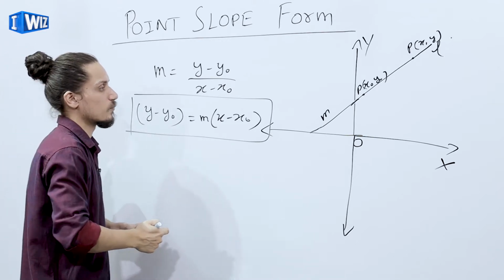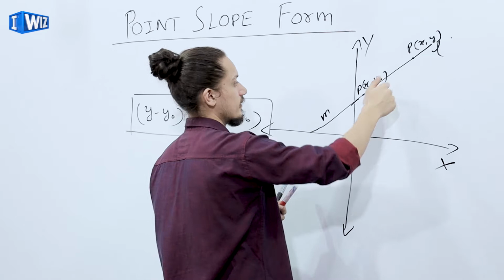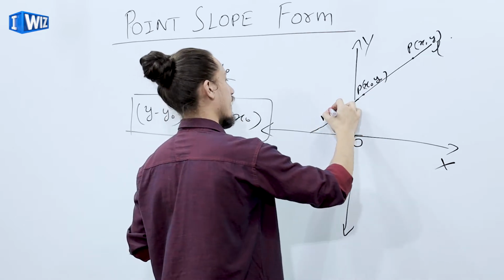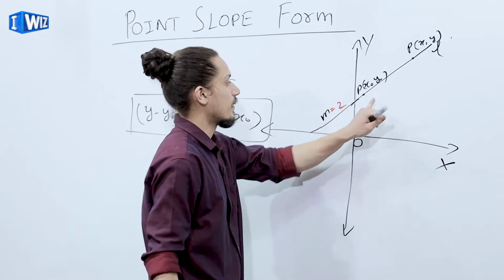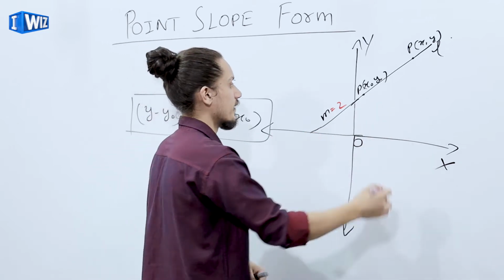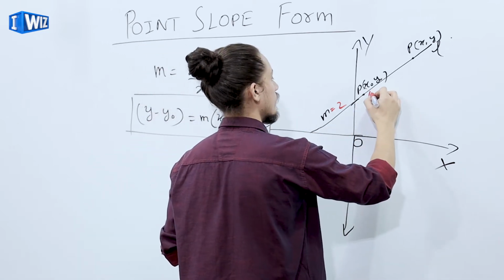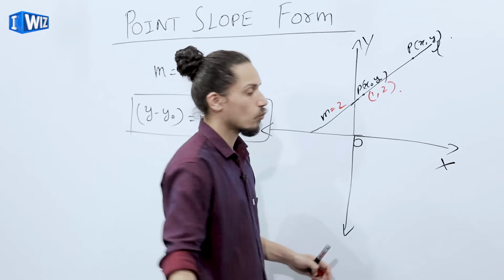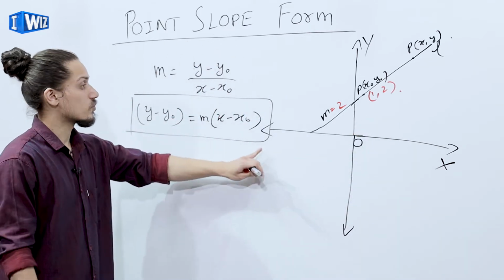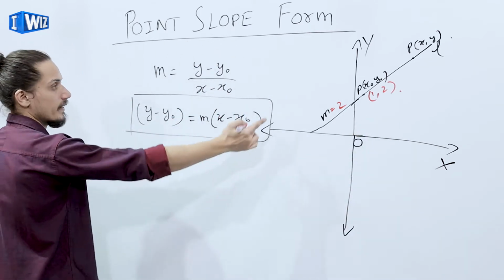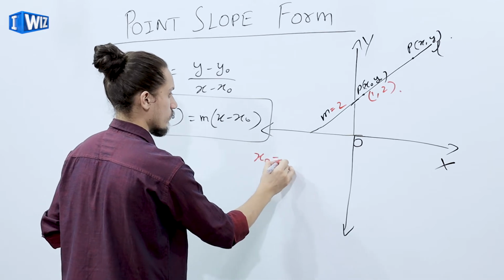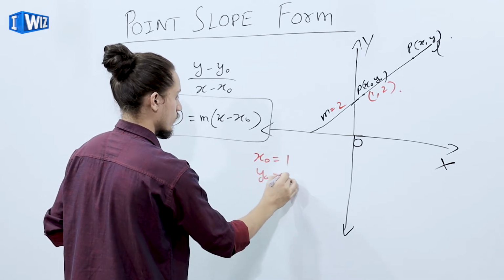For example, suppose हमारे पास कोई line दे रखी है, say this line L, इसमें हमारे पास slope दे रखा है m is equal to 2. हमारे पास जो fixed point था उसकी value दे रखी है (1, 2). तो इस केस में हम slope of line, equation of line कैसे बनाएंगे? We'll write here x naught is equal to 1 and y naught is equal to 2.